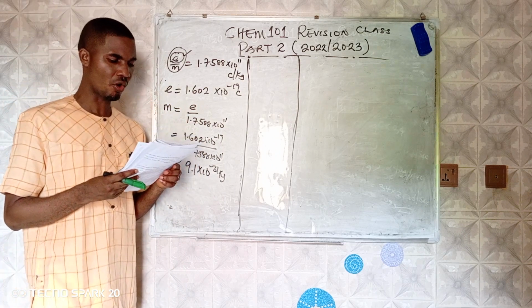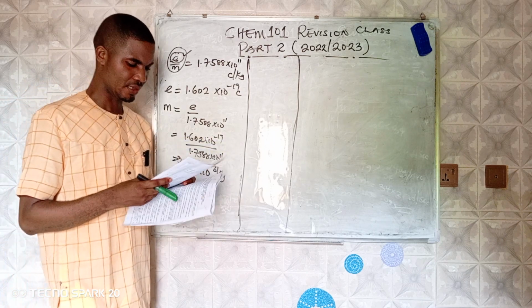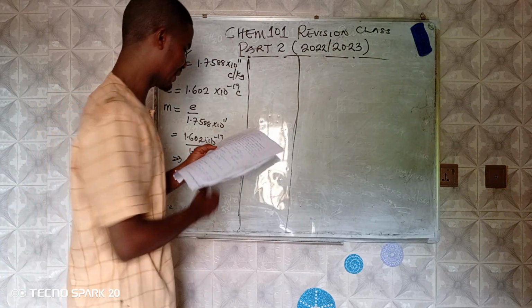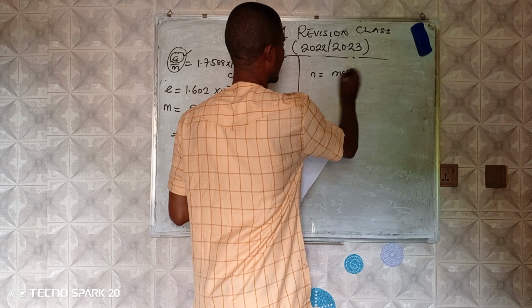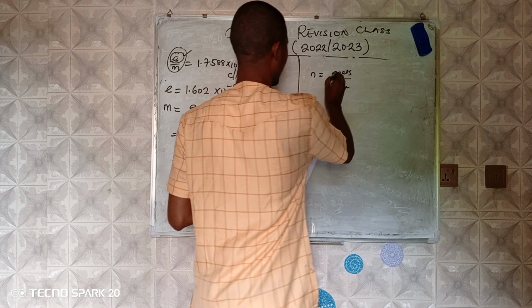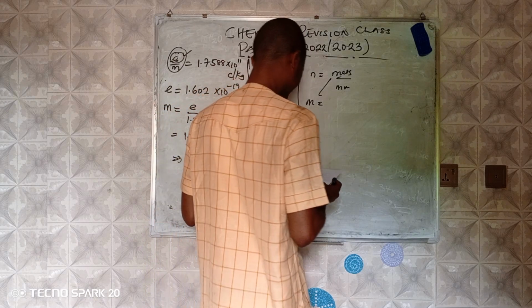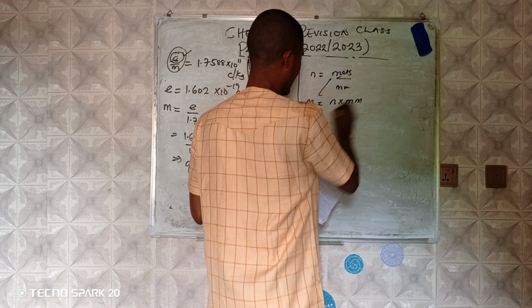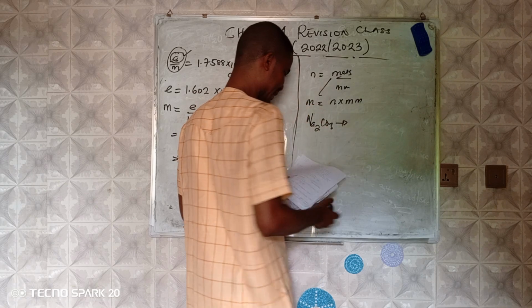Question number 2 says, calculate the number of grams in 1 mole of Na2CO3. Remember that we have already learned that amount equals mass over molar mass. Then the mass, which is the number of grams, will become amount times molar mass.